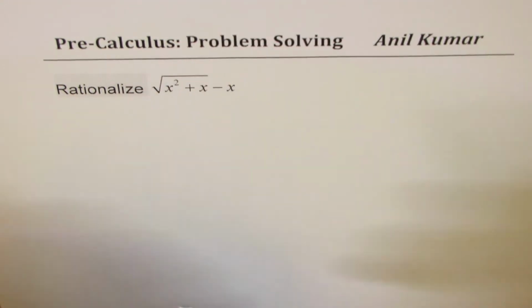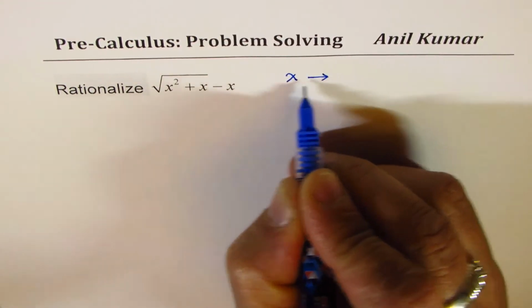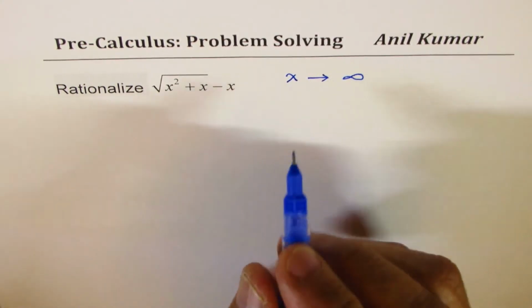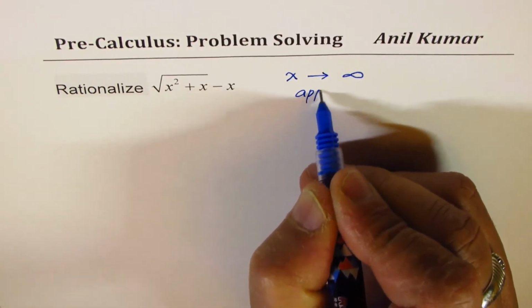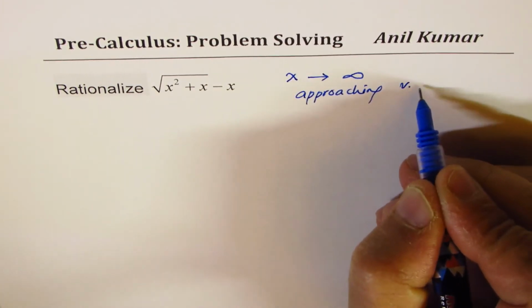Now if you look at this expression, let us say x is approaching infinity. Now you're familiar with this arrow, we mean approaching a very large value.